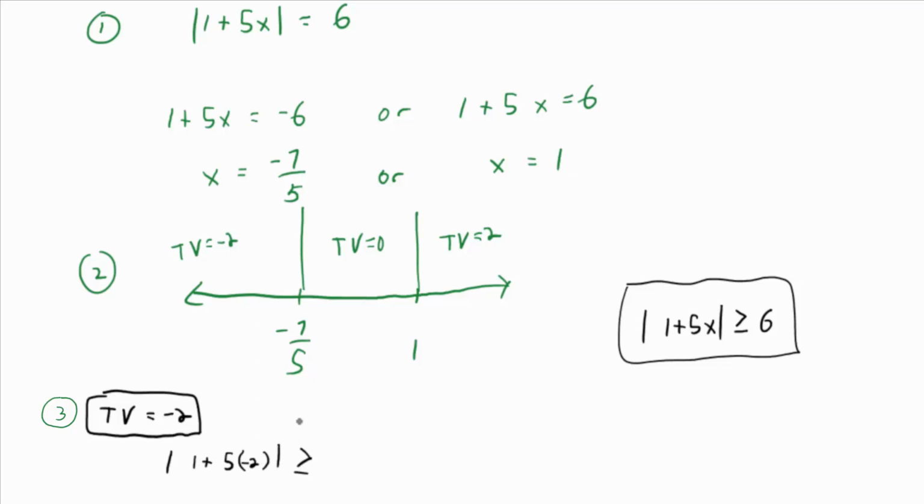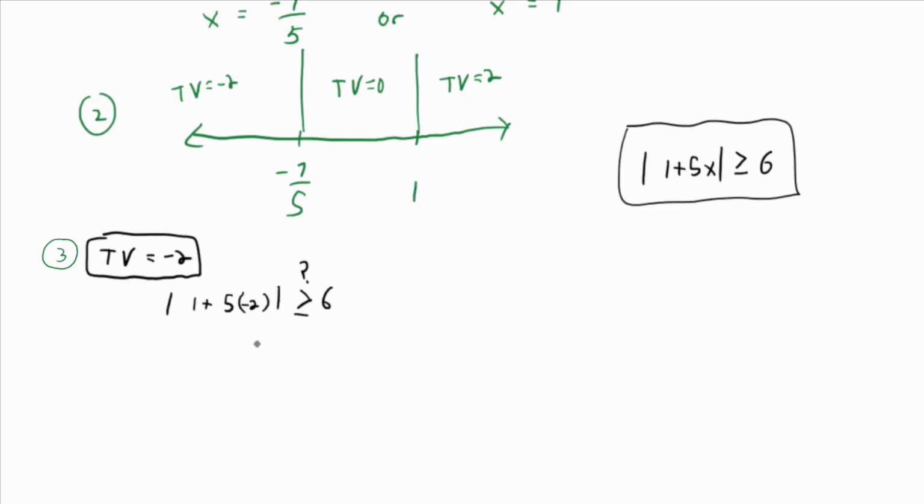Is that greater than or equal to 6? Well, it's going to be the opposite result as what we had above, so yes. In fact, what is it? It's the absolute value of negative 9, which is 9. 9 is greater than 6. Yes. So we shade this interval. We'll talk about what happens at the endpoint in a minute.